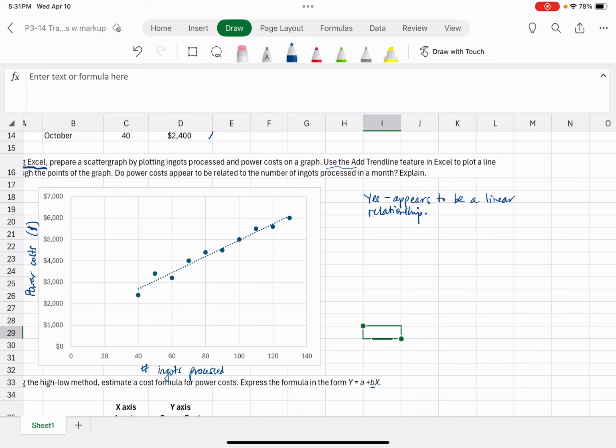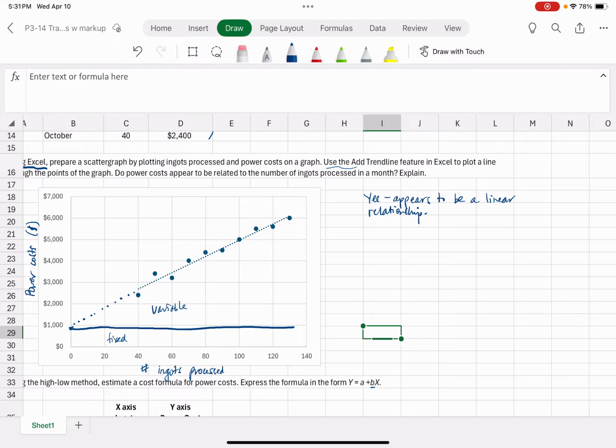If I just extended this trend line, I would expect a y-intercept not through the origin. So that sort of tells me that this part here is like the fixed component of the cost, and up here is the variable component, because no matter how many ingots you produce, there seems to be a fixed cost there because the x-intercept is somewhere just below 1,000.